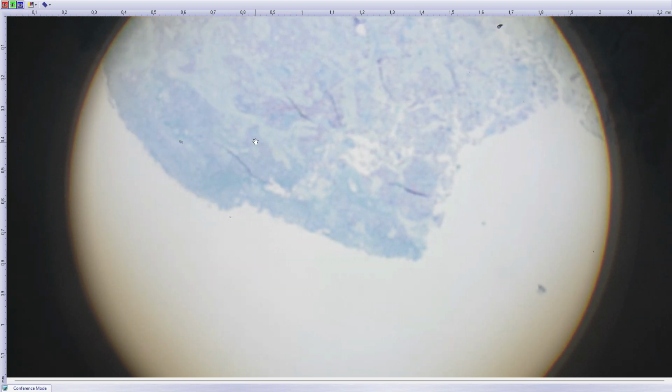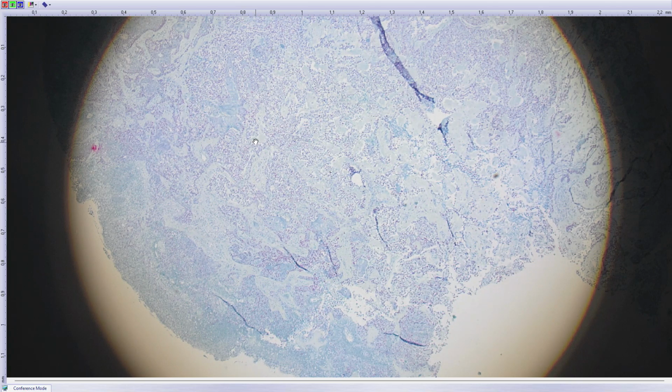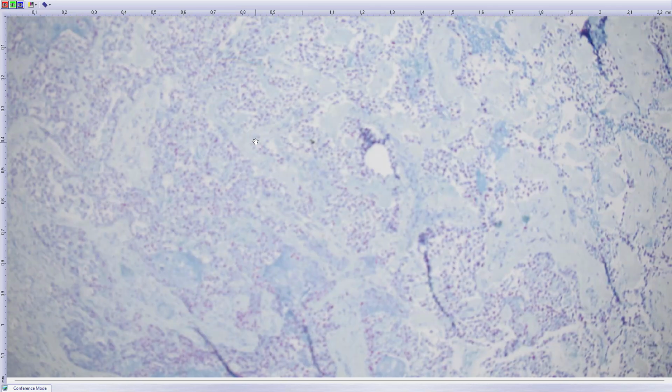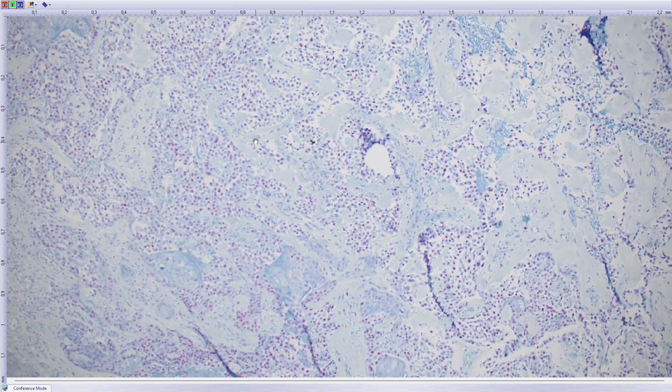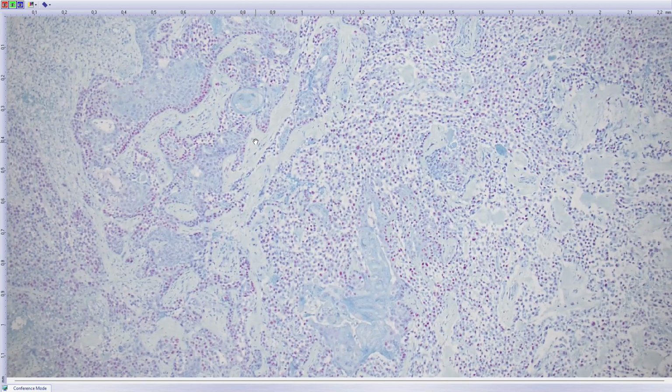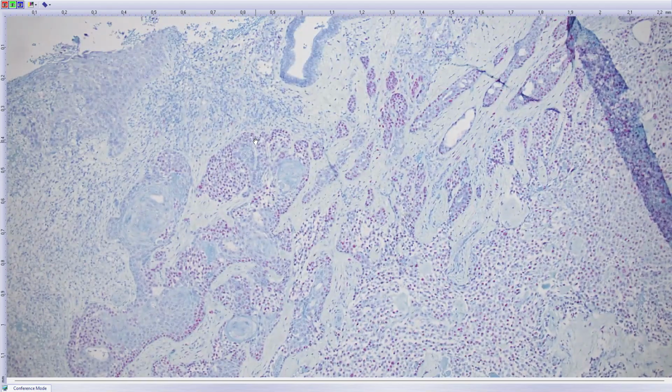So here we are, somehow. And you can see that the cells are quite nicely positive for PLAG1.